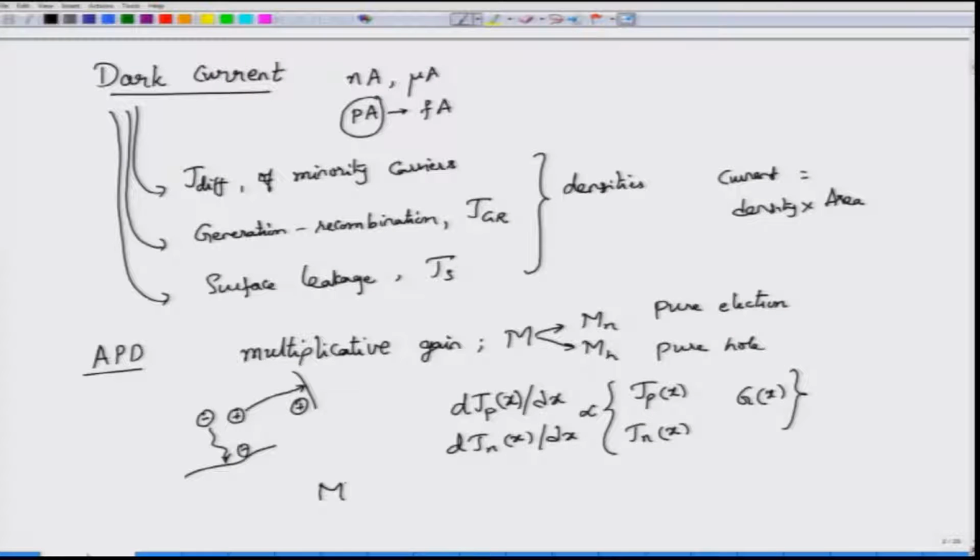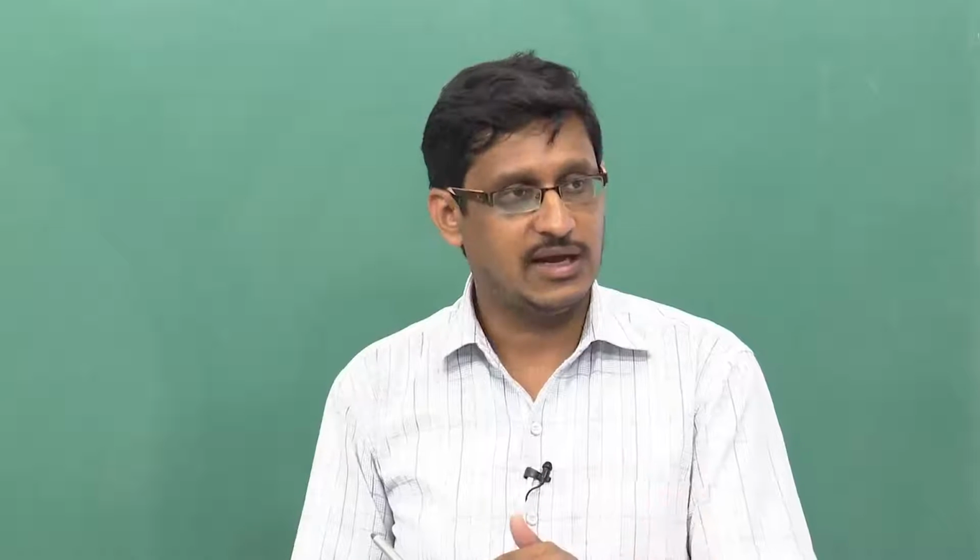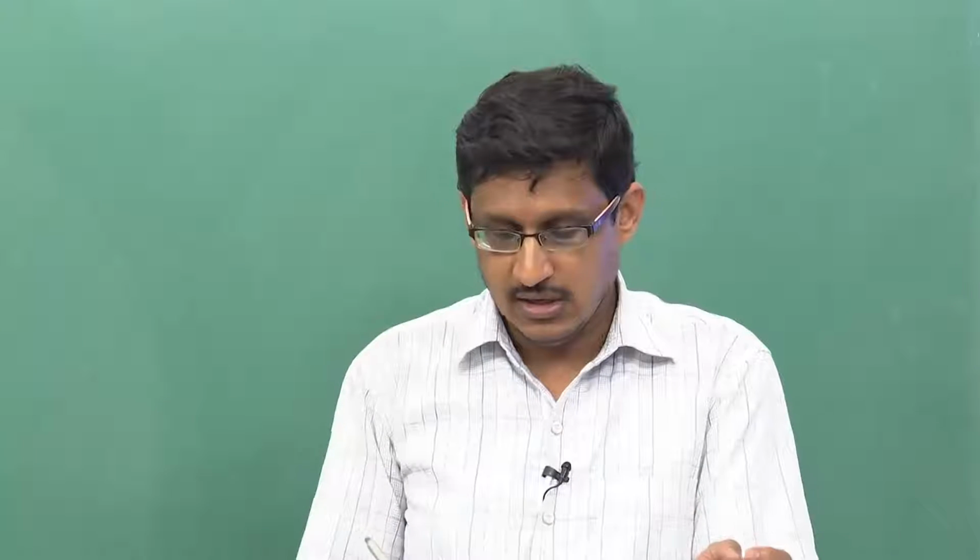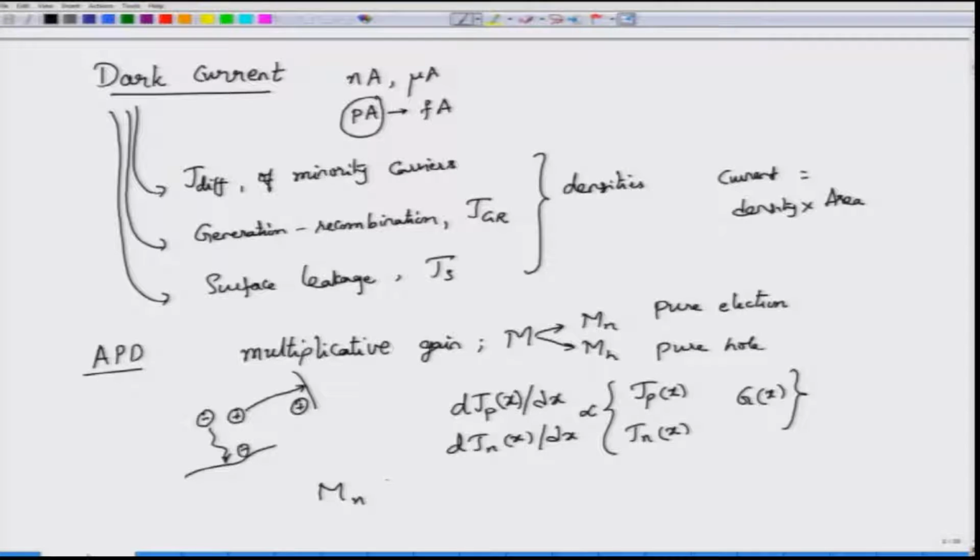What is interesting in this Mn and Mh is that depending on the ionization parameter, if electrons have a propensity to ionize more compared to holes, then Mn will be larger than Mh. So, depending on the parameters you can either have Mn larger than Mh or Mn smaller than Mh.